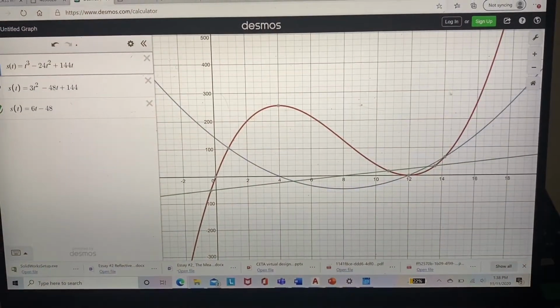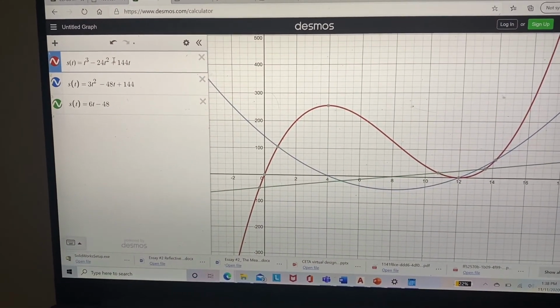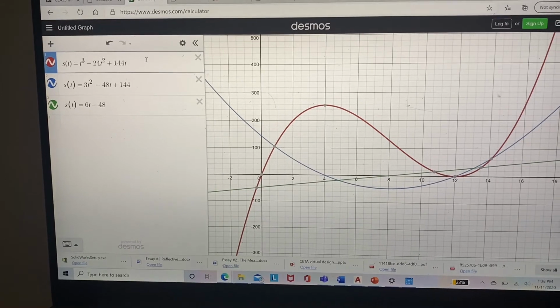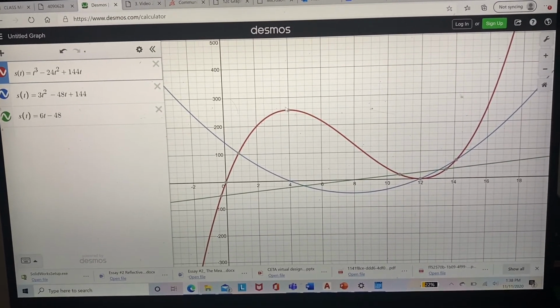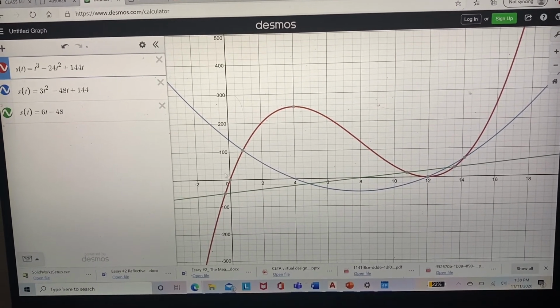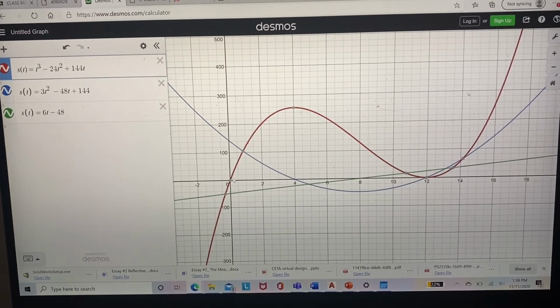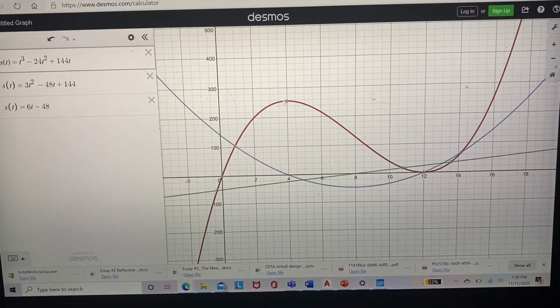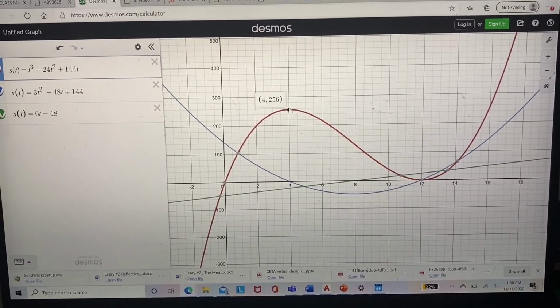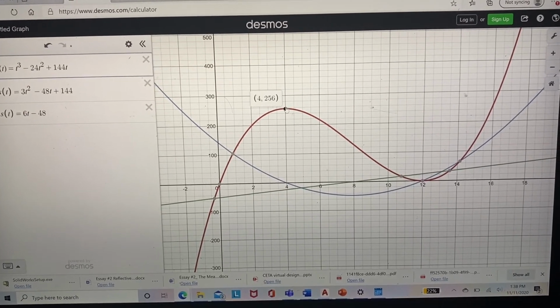To do this, I first plotted the original function into Desmos and made a graph, and then I was able to see from time 0 to time 4, it traveled 256 centimeters forward.